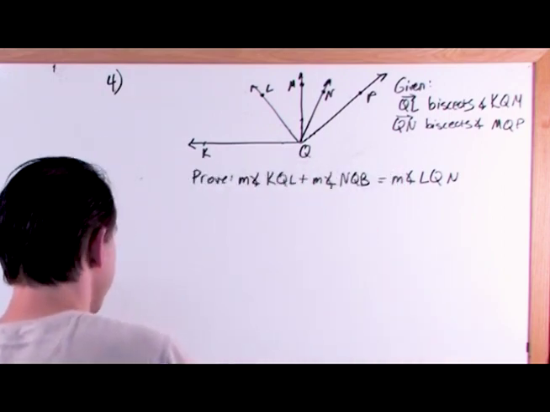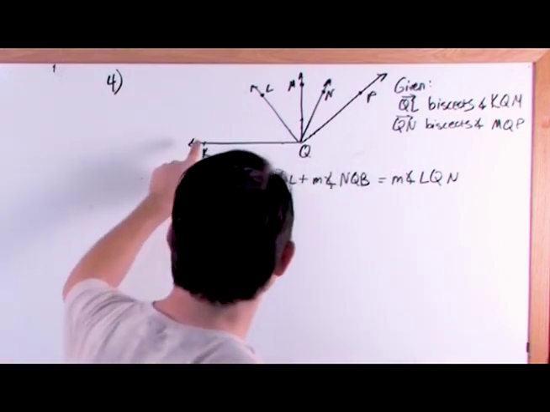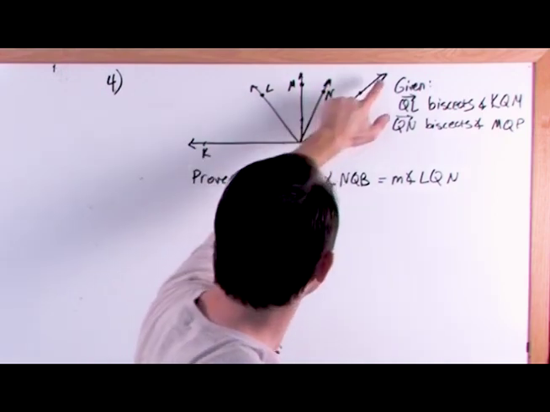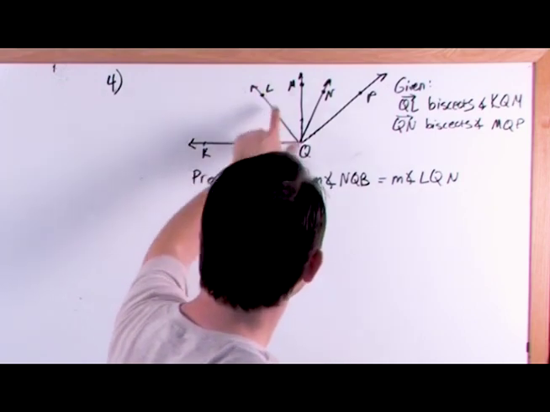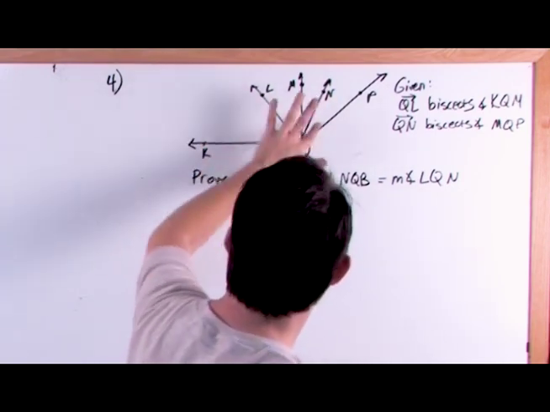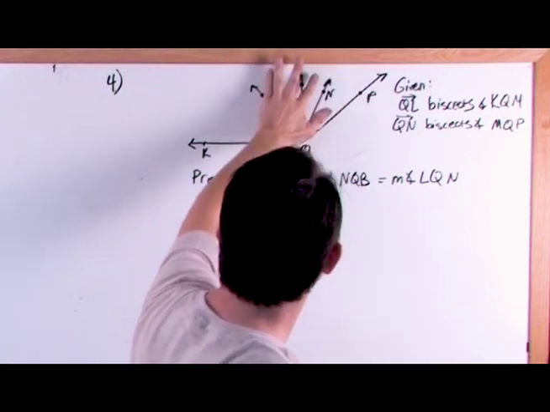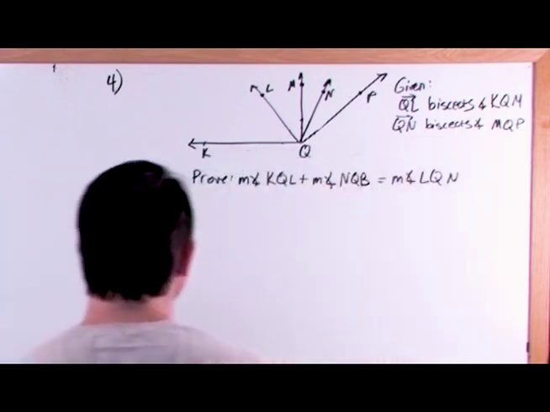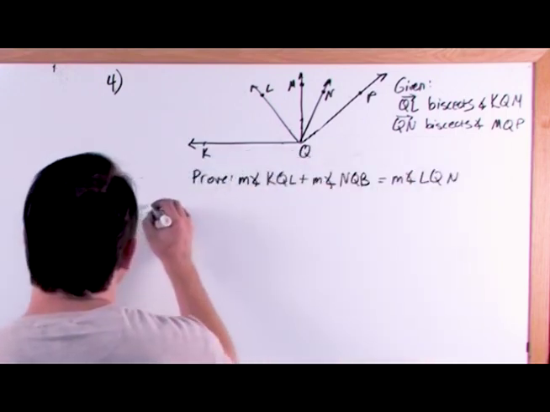So what you're really trying to prove here is that KQL, this angle here, plus NQP is equal to LQN, which is this bigger angle here. So this angle here plus this angle here gives me this big giant angle here. That's what I'm trying to prove. And all you're given is that you have some bisectors here. So let's just take it one step at a time.